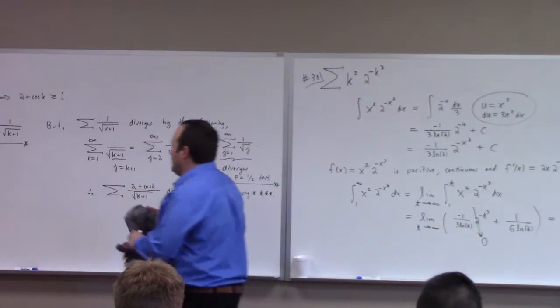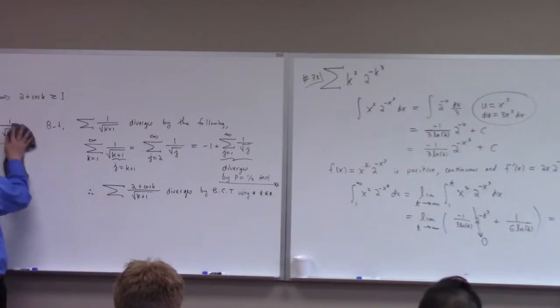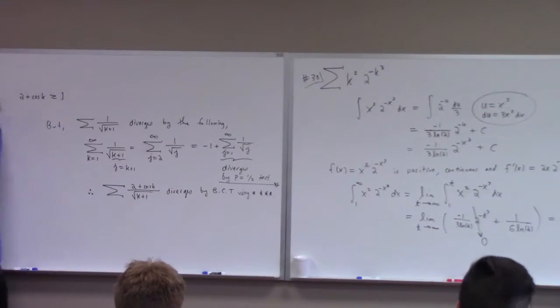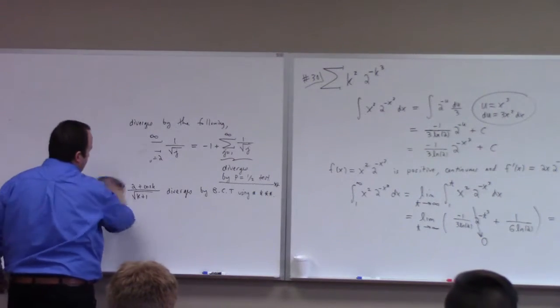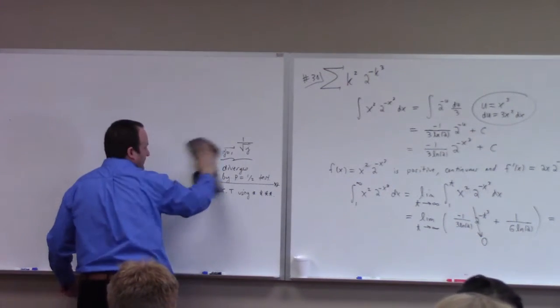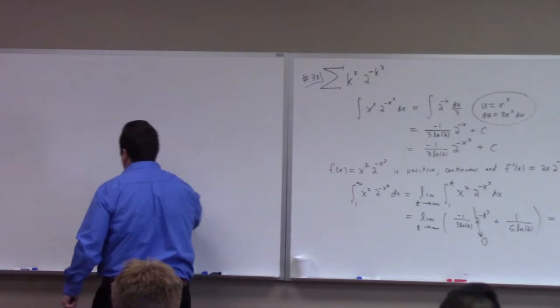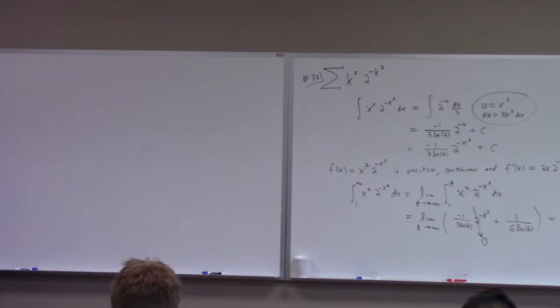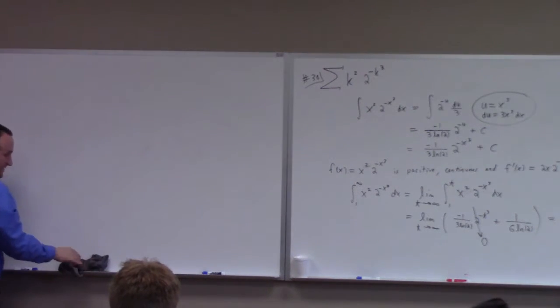Perhaps the wording of the question is a little bit confusing. What he wants you to understand is that the convergence or divergence of a series is really in no way tied to anything except for the tail of the series.